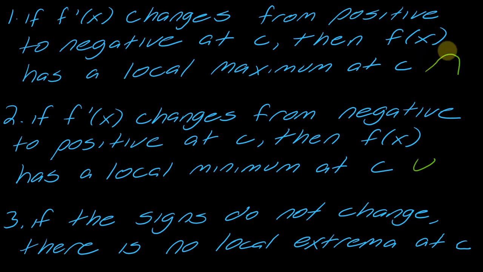So this would be positive to negative. So here would be my critical point right here. So this is going to then be a local maximum. So a lot of times people like to draw the little picture alongside it. It's a nice visual reference. And then vice versa. So if we go from negative to positive, then we have a minimum. And if the signs do not change, then there are no local extrema at that critical point C.